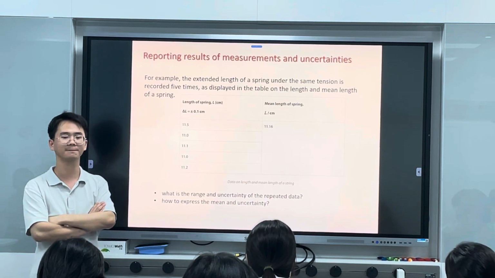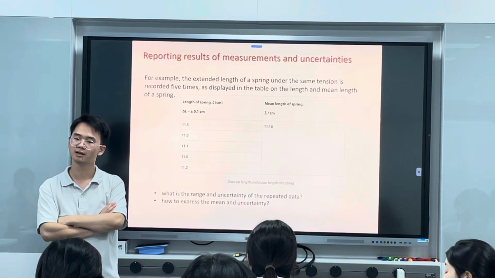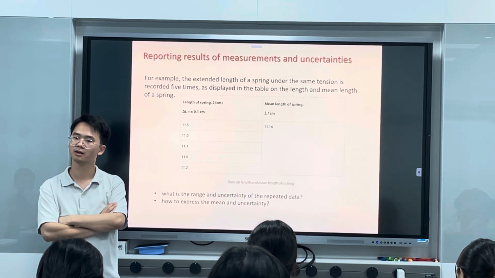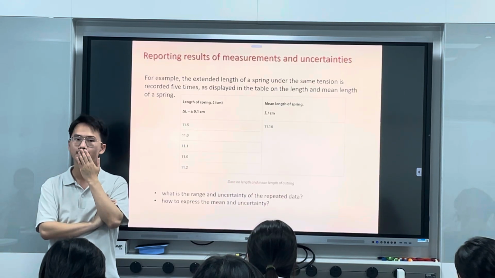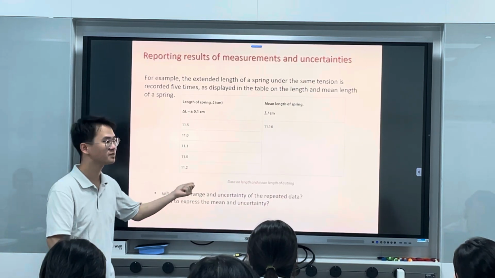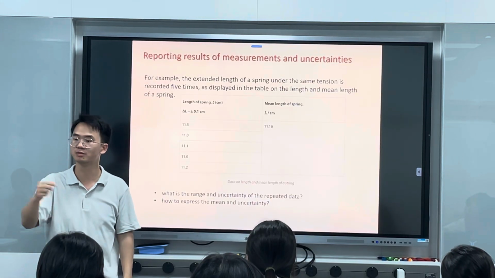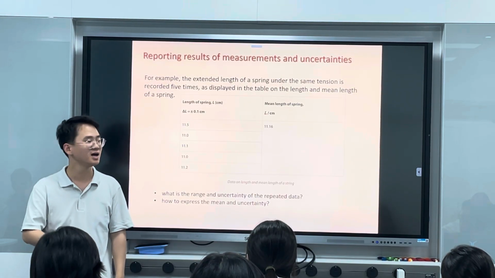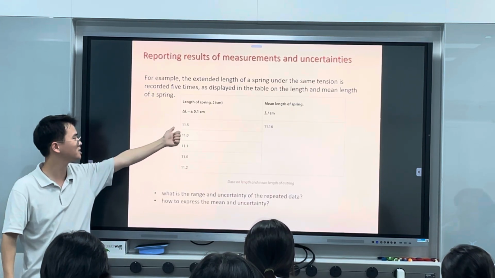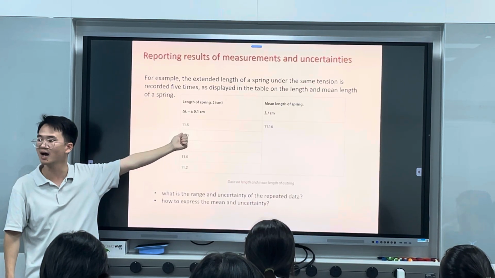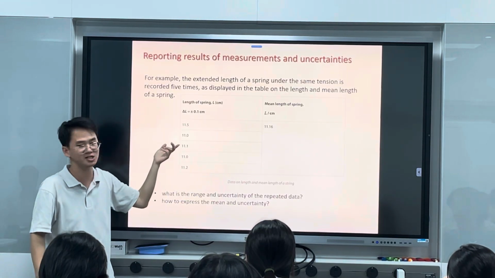Is that correct? No. Why? Because uncertainty is not 1, it's 2. Okay, so first of all, 0.25 has 2 significant figures, right? We should round it up to 0.3. And second of all, our original data has only the precision to the 10th place, right? If you use 11.16, it's more precise than your original data.